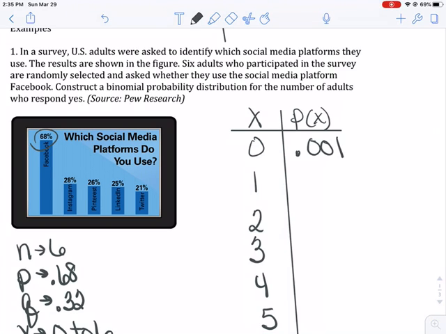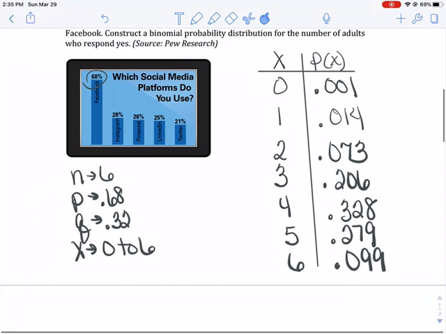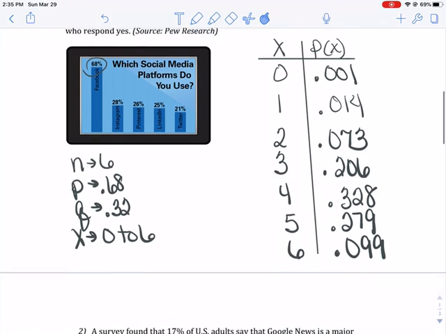So 0 was 0.001, 0.014, 0.073, 0.206, 0.328, 0.279, and 0.099. And there's your distribution. Okay, so it doesn't seem too difficult. Again, use the website, use the formula, or use your graphing calculator if you have access.